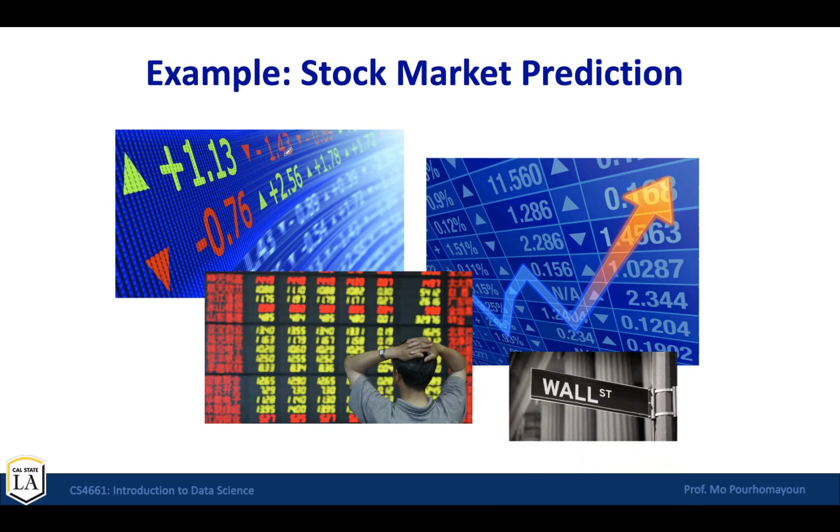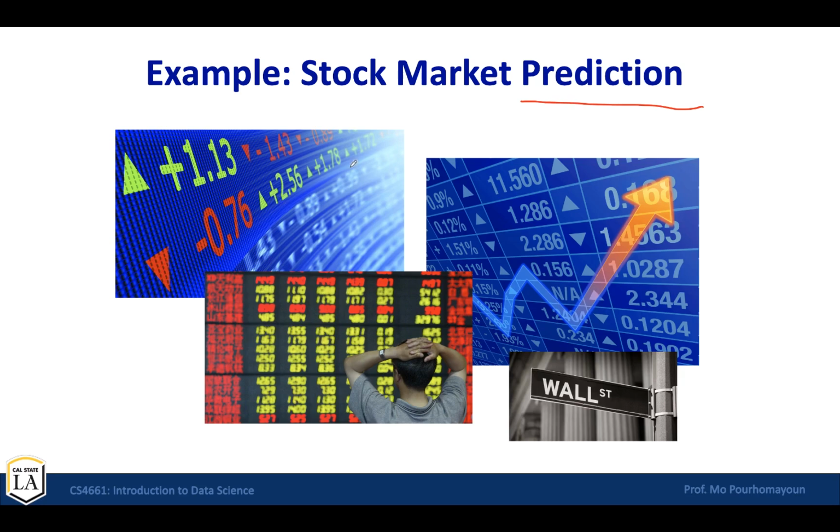Predicting in marketing or the stock market is another important application of data science. There is a lot of data. We process that data using different algorithms and techniques that you will learn in this class, like machine learning algorithms, and try to predict the future.